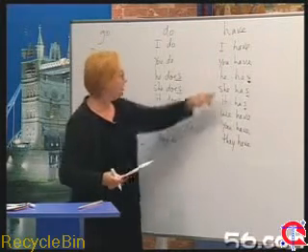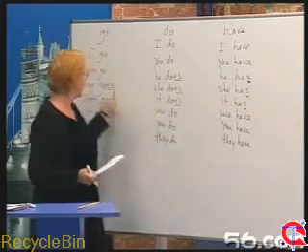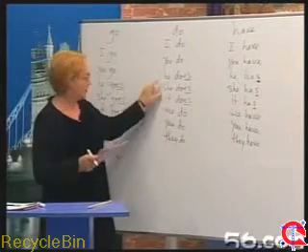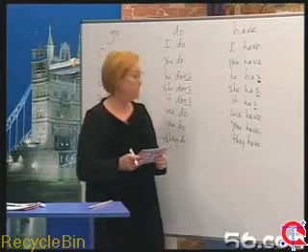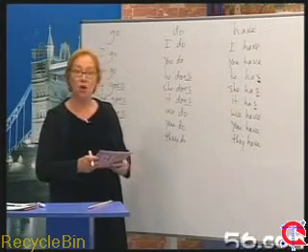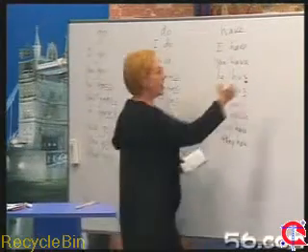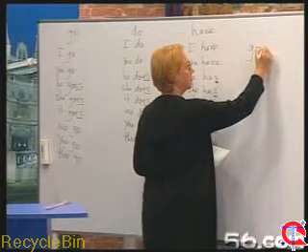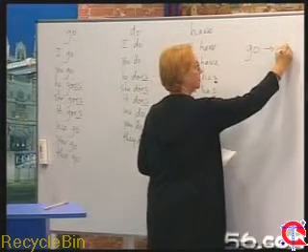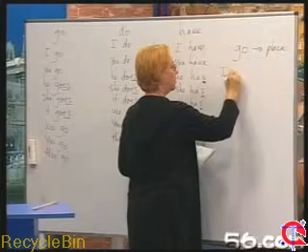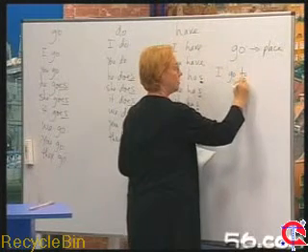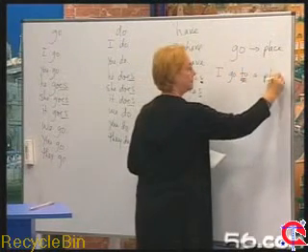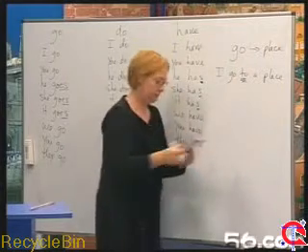Now, again, we see the S. And we saw this one before in the questions. Now, when we use go, we usually have go to a place. So I go to a place. Go to, usually.